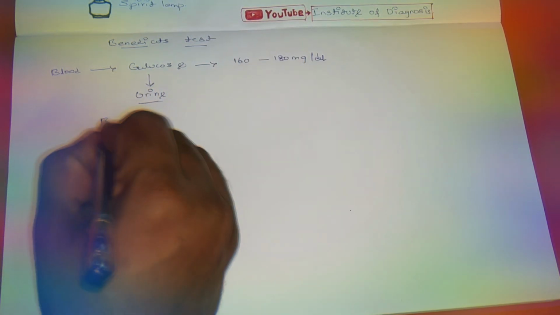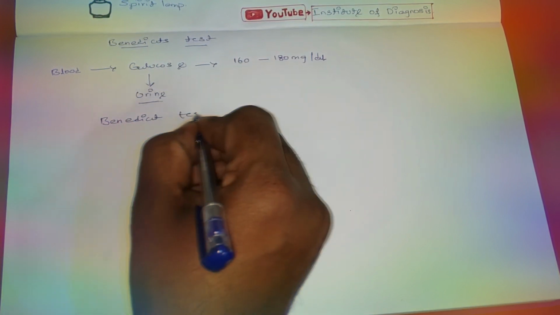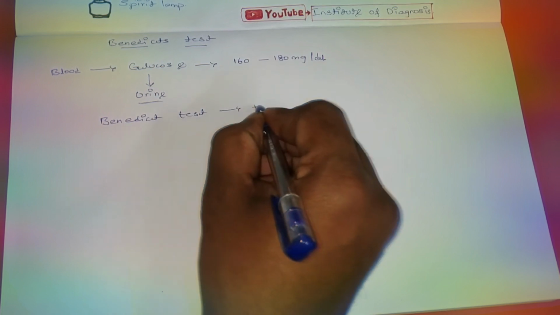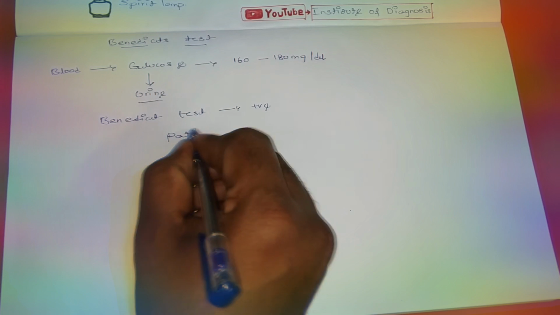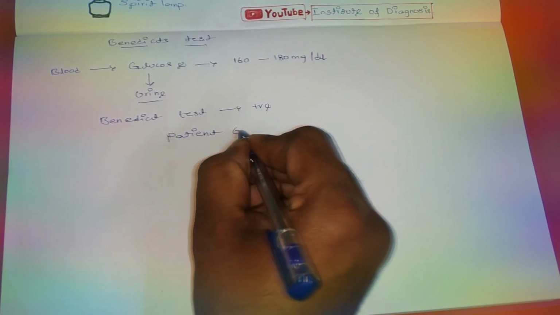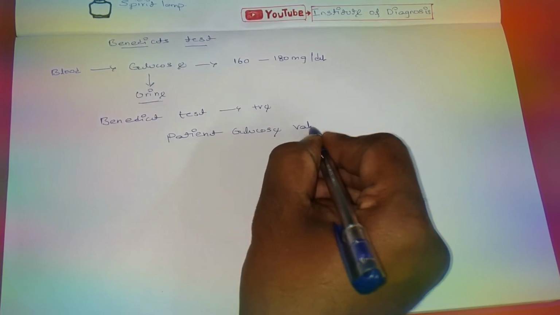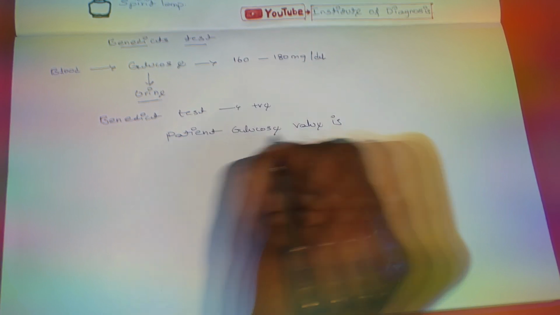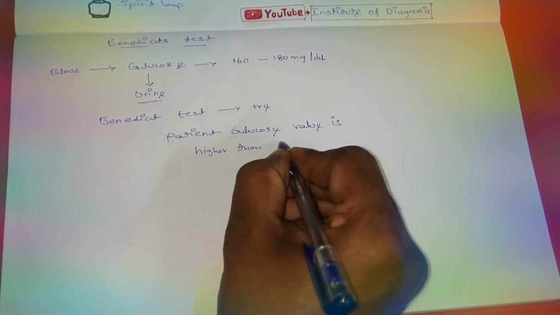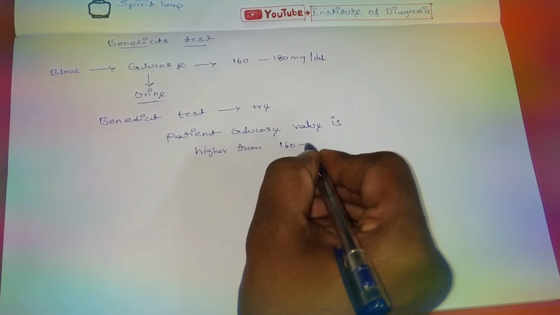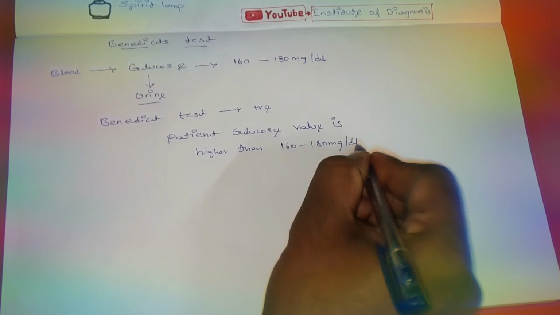If the Benedict test shows a positive result, that indicates the patient's glucose value is higher than 160, or also you can say it is higher than 180 milligram per dl.